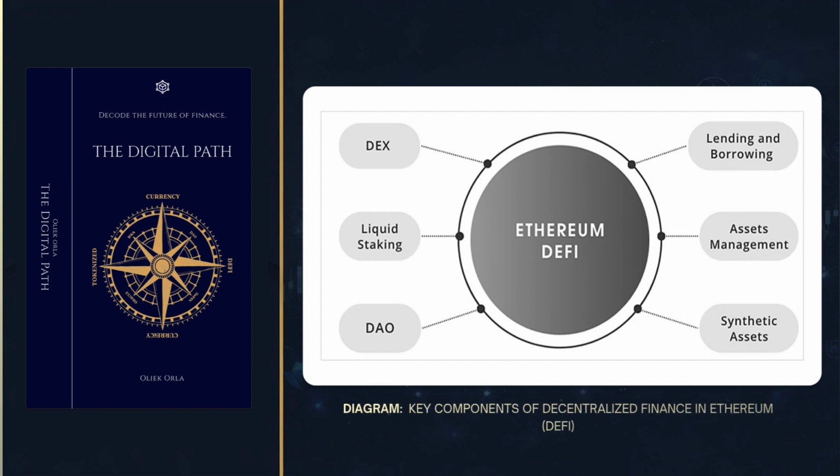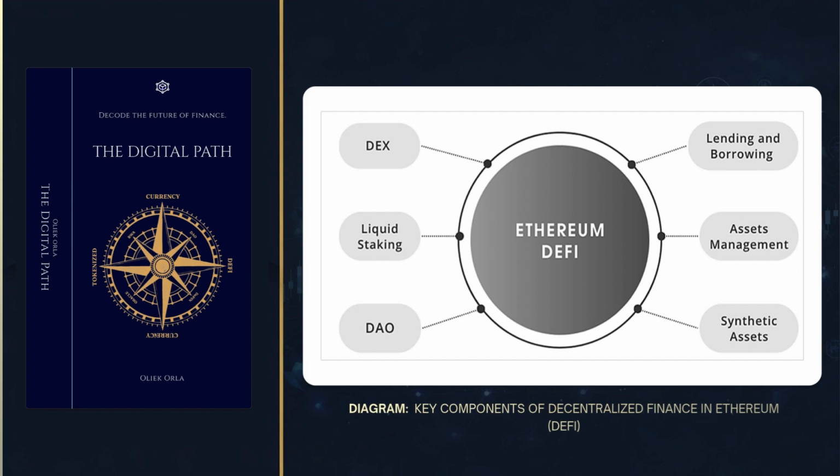Tools like Zapper connect to users' wallets and automatically display all assets and positions across Ethereum. Users can view tokens, DeFi positions, staking rewards, liquidity pools, and NFTs in one place. This provides a holistic view of portfolio performance without manually navigating multiple platforms.